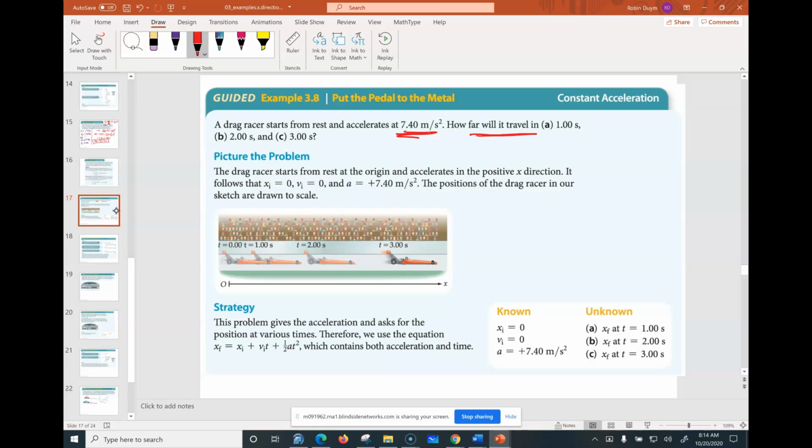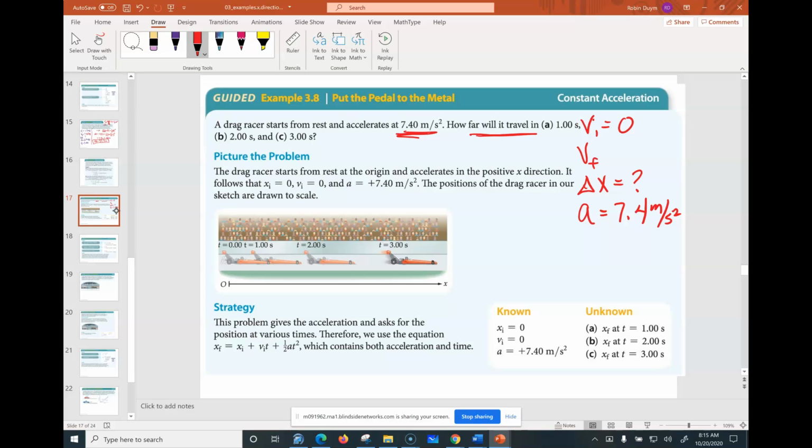So let's assume he starts at rest. So if we did our 5 variables, my initial would be 0. My final, my displacement, that's what we're looking for. And then our acceleration is 7.4 meters per second squared.